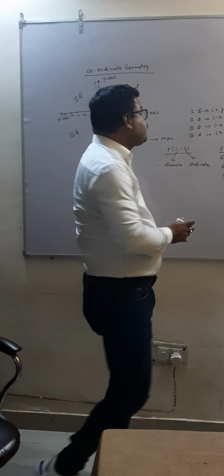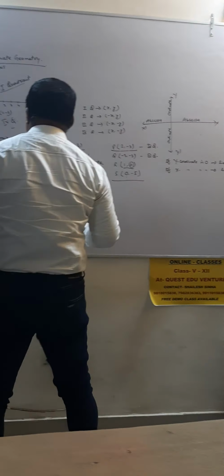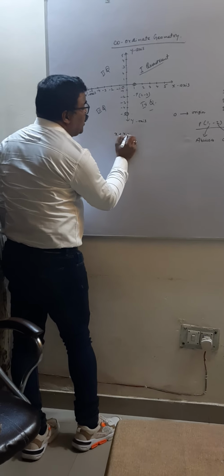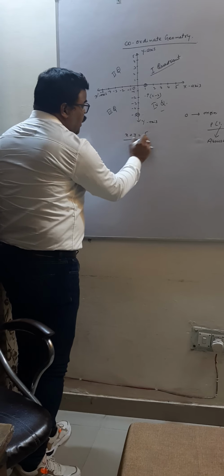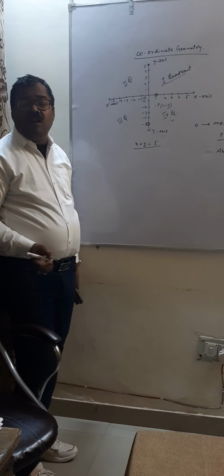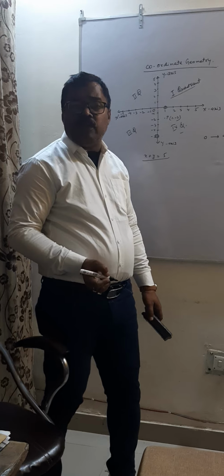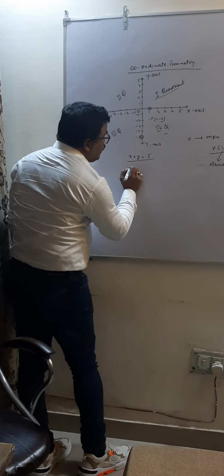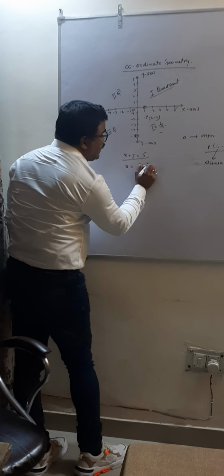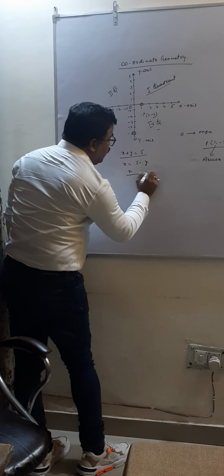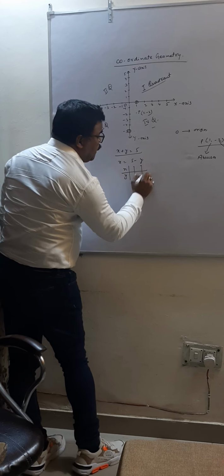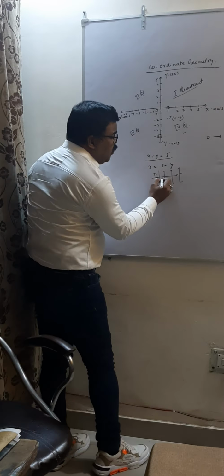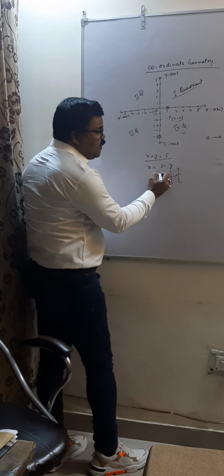Now next. Suppose x plus y equals 5. You need to represent this line on graph paper through coordinate geometry. You need to make a table. Suppose x equals 5 minus y. If you take y as 0, the value of x is 5.